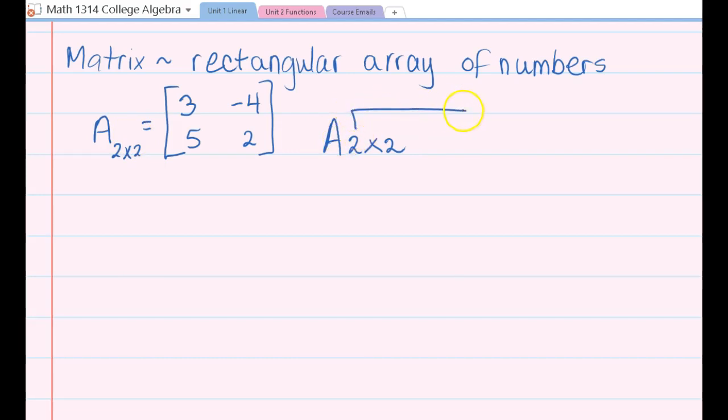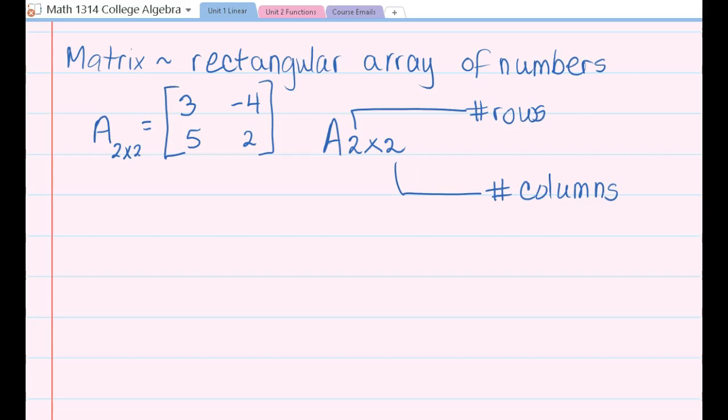The first number represents the number of rows, and then the second number represents the number of columns. So I just want to remind you that this is row 1, row 2, this is column 1, and this is column 2.